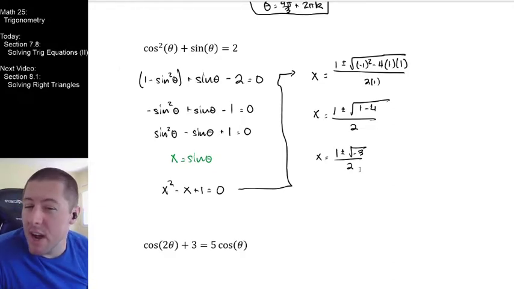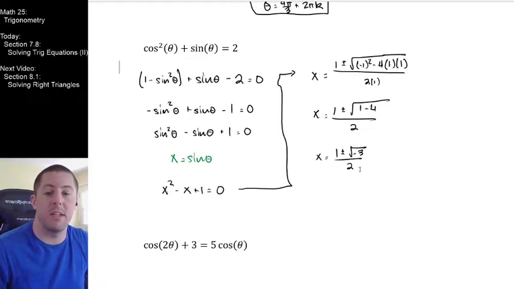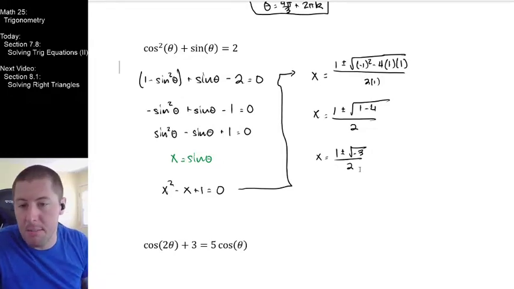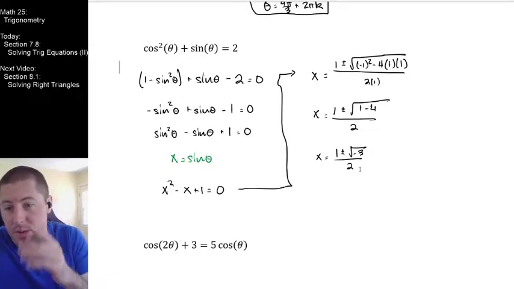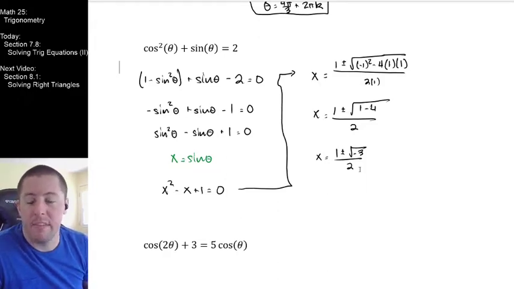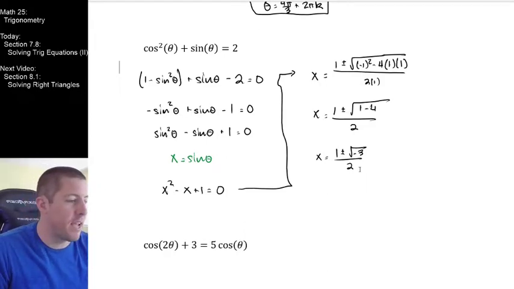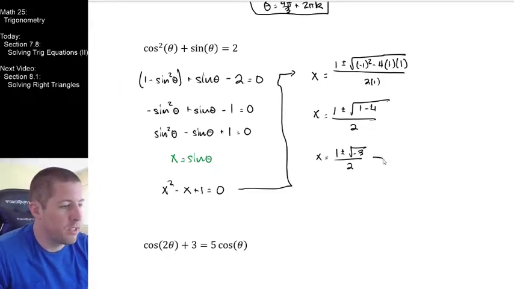It's certainly the case that in general in math, there are reasons why we still want to consider the imaginary number complex solutions associated with these. In fact, we're even going to talk about that in a few weeks, but not today. If we're given a real valued problem, then we are interested in real valued solutions. And so I'm going to say there are no real solutions to this.